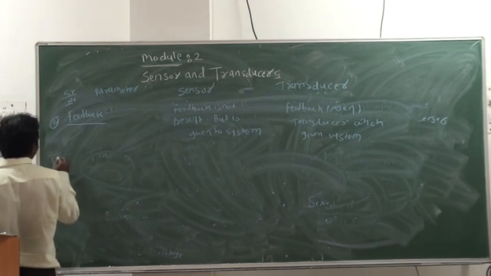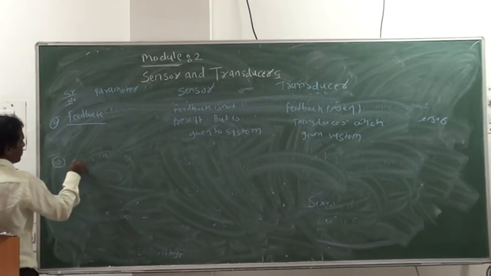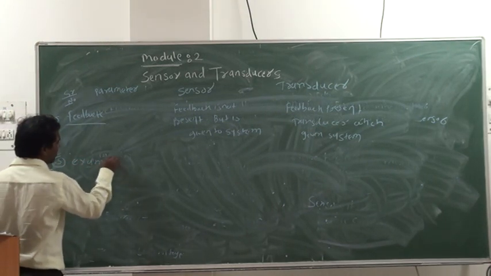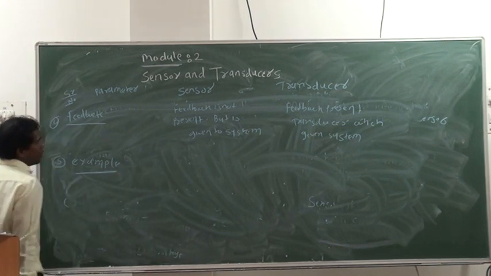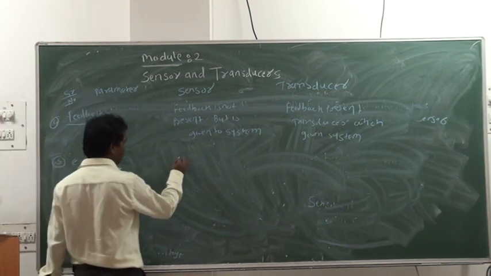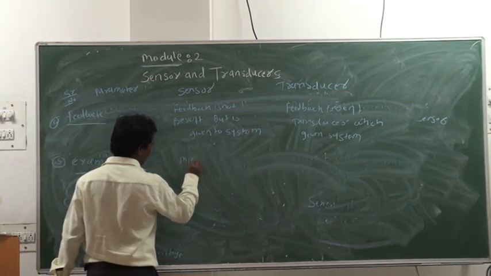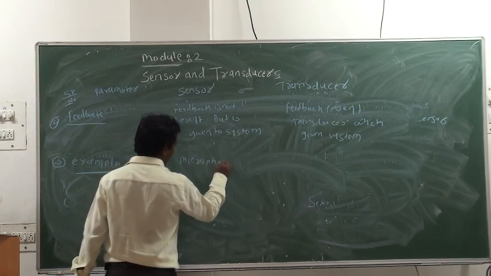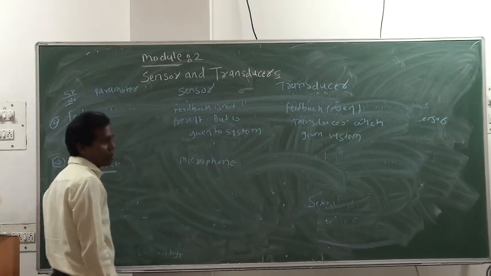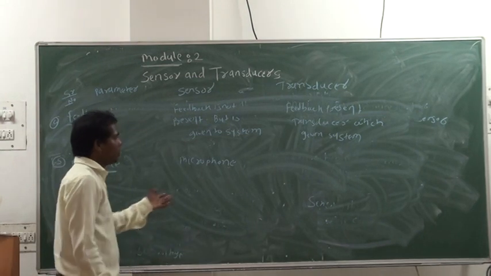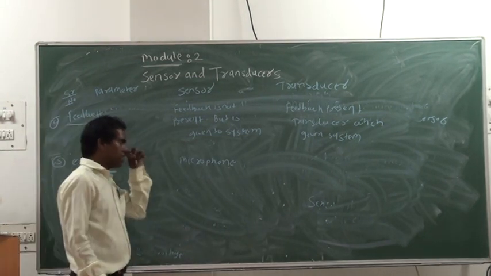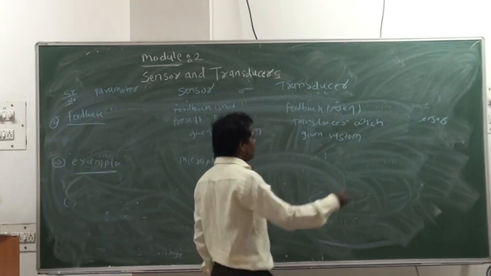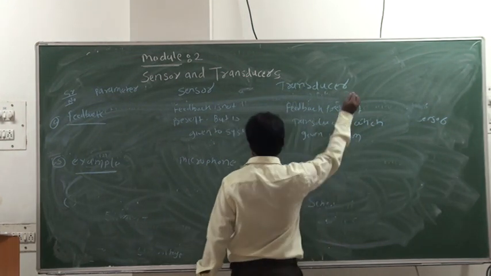Then last, fifth, is an example. An example of sensor is the microphone. We detect the sound signal, which is the physical quantity, and it is converted into electrical signal.